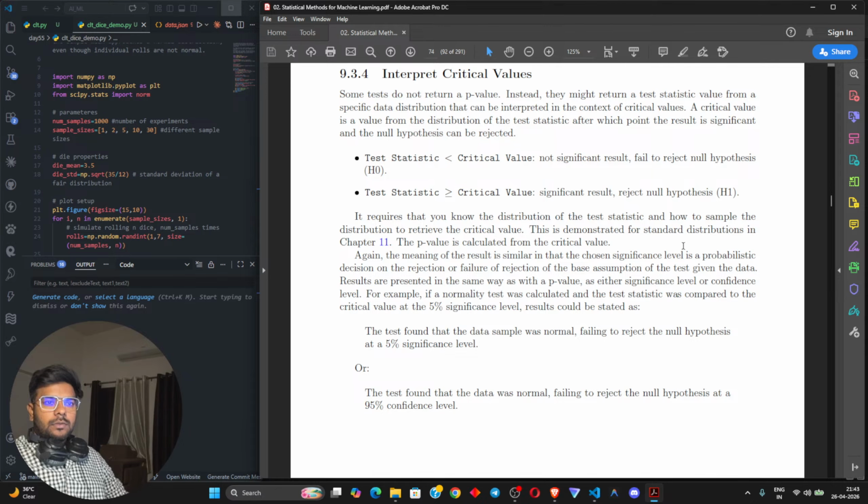This is demonstrated for standard distributions. In chapter 11, the p-value is calculated from the critical value. Again, the meaning of the result is similar in terms of significance, including rejection and failure to reject.